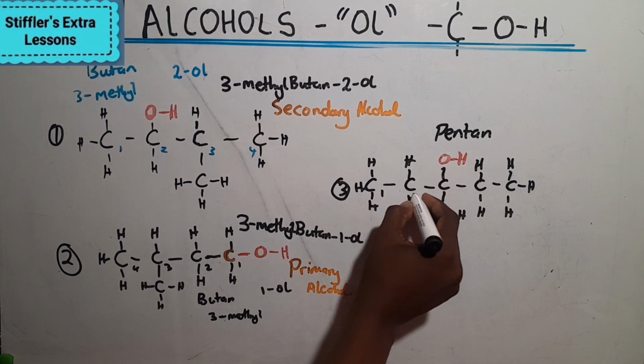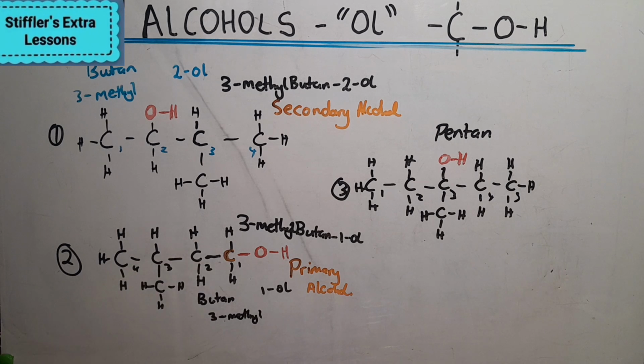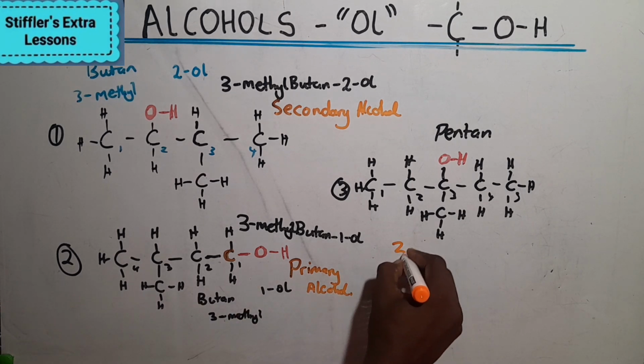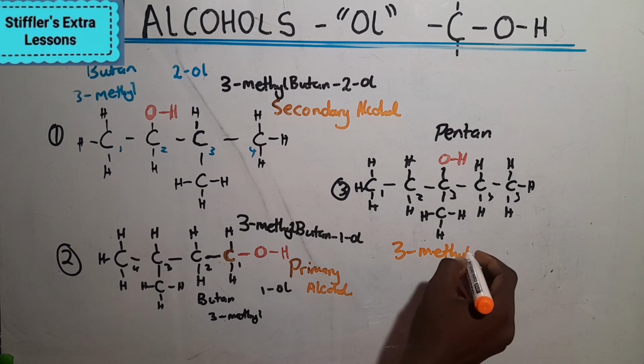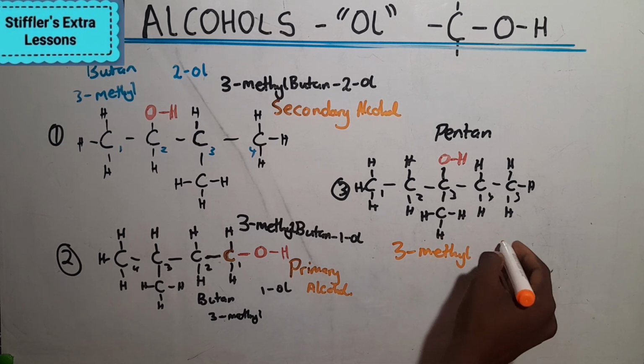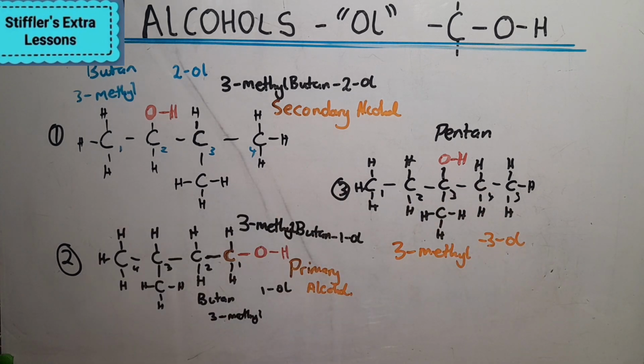So we can number from either side, because every side gives us the same number for the carbon that is carrying the hydroxyl. Now on carbon number 3, we have a methyl group, and also on carbon number 3, we have the ol, right?